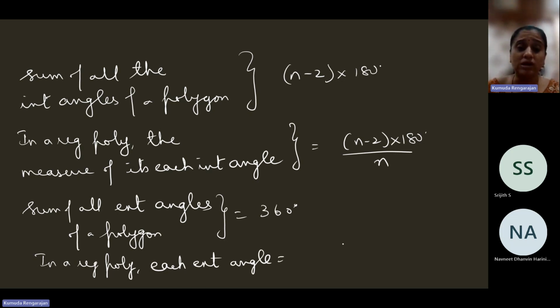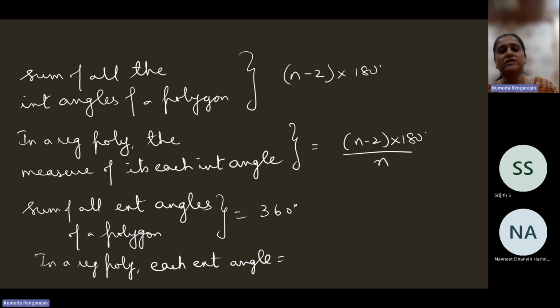See, in any polygon, 3 sides, 4 sides, 5 sides, 6 sides, the sum of all the exterior angles is always 360, irrespective of the number of sides. The sum of all the exterior angles is equal to 360.